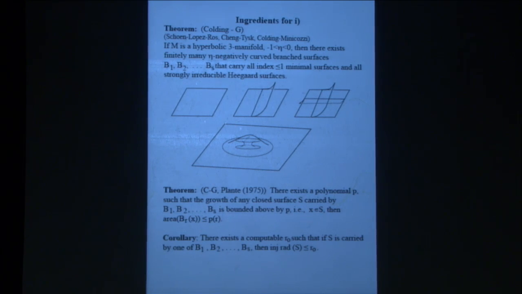well, we stayed in the context of branch surfaces, but it's really 99% due to Joe Plante. And Plante proved in this 1975 Annals paper a remarkable theorem that if you have a foliation which has a transverse measure of full support, then the growth rate of any leaf is bounded polynomially, and this is actually extremely simple.